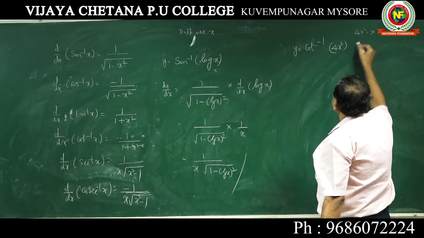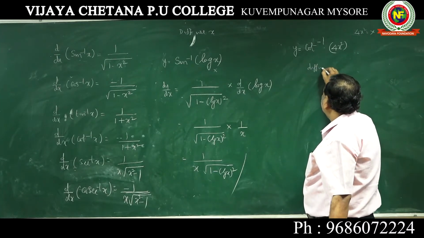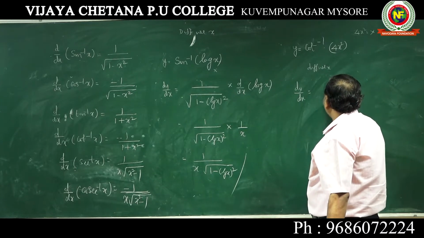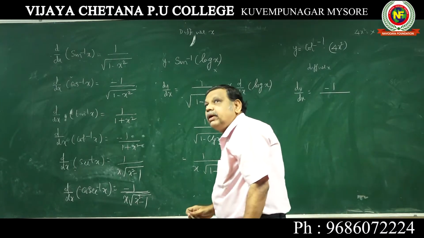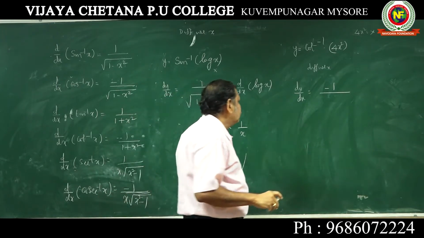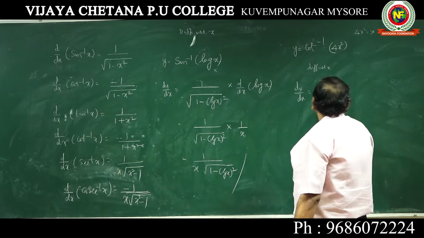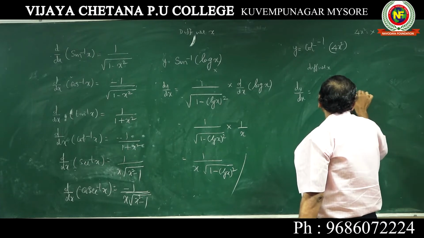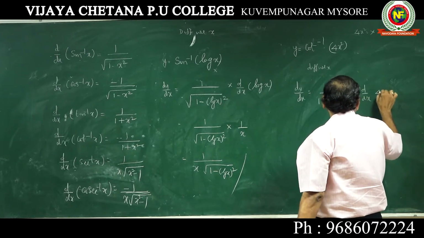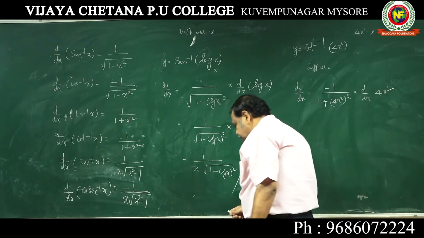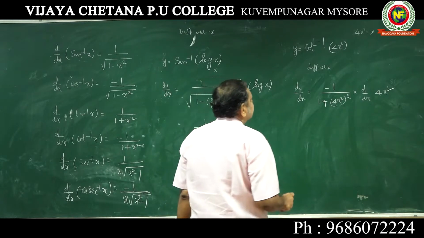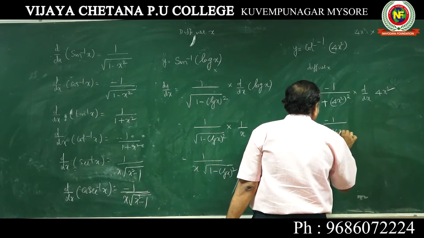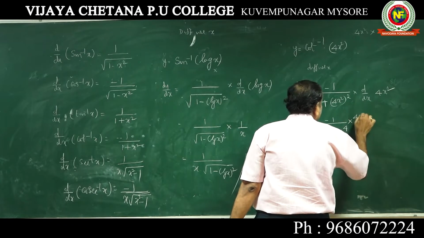And the whole term 4x square is x actually. Now when you differentiate with respect to x, dy by dx is equal to minus 1 over 1 plus x square, because cot starts with c, so minus. So it is minus 1 over 1 plus 4x square whole square into d by dx of 4x square, that is minus 1 over 1 plus 16 x to the power of 4 into 4 into 2x.